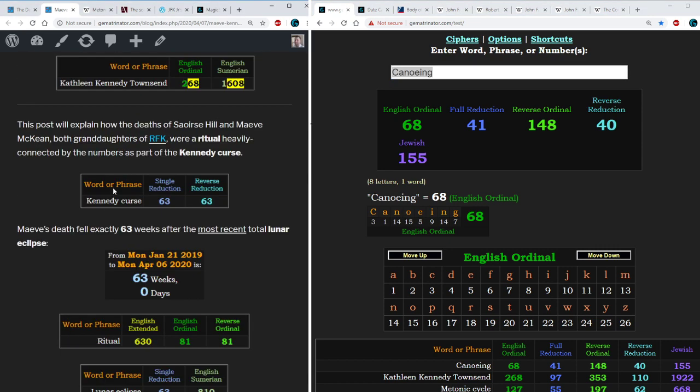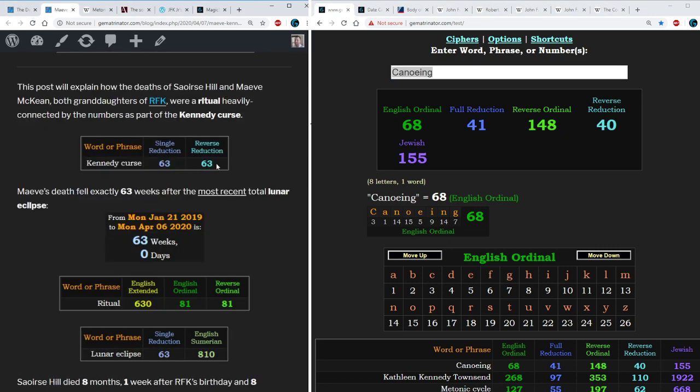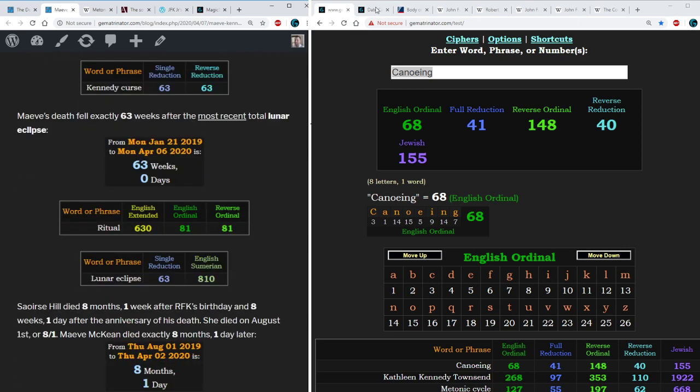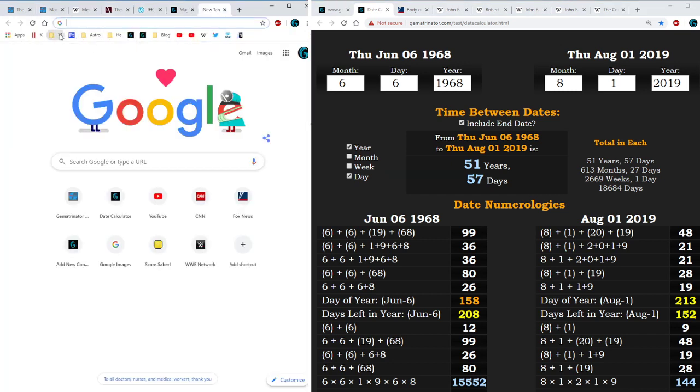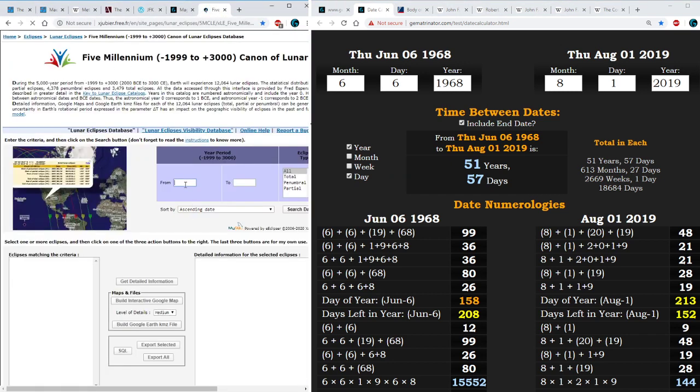So earlier on, we mentioned how the Kennedy curse equals 63, and it began in the year 63 with the death of JFK. So we mentioned how this is all related to the moon. Now, what if we look at the most recent total lunar eclipses? Pop into my bookmarks here.